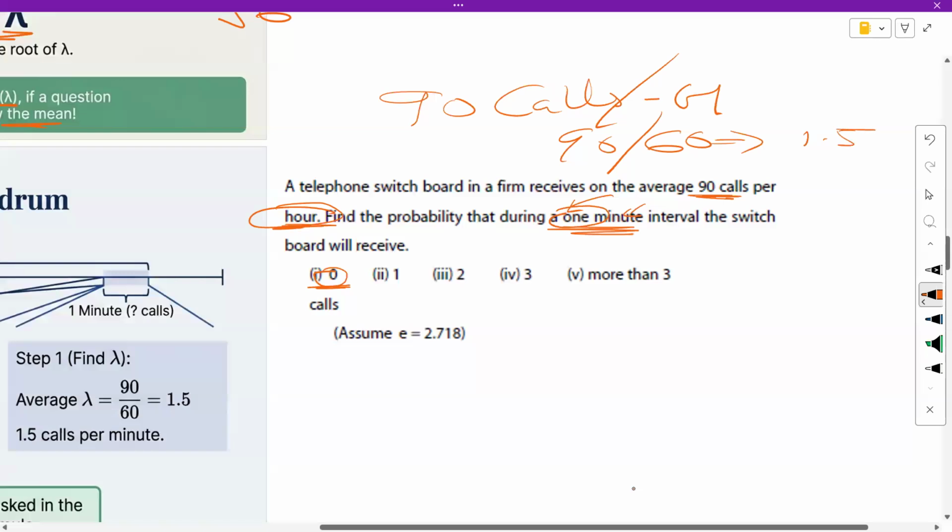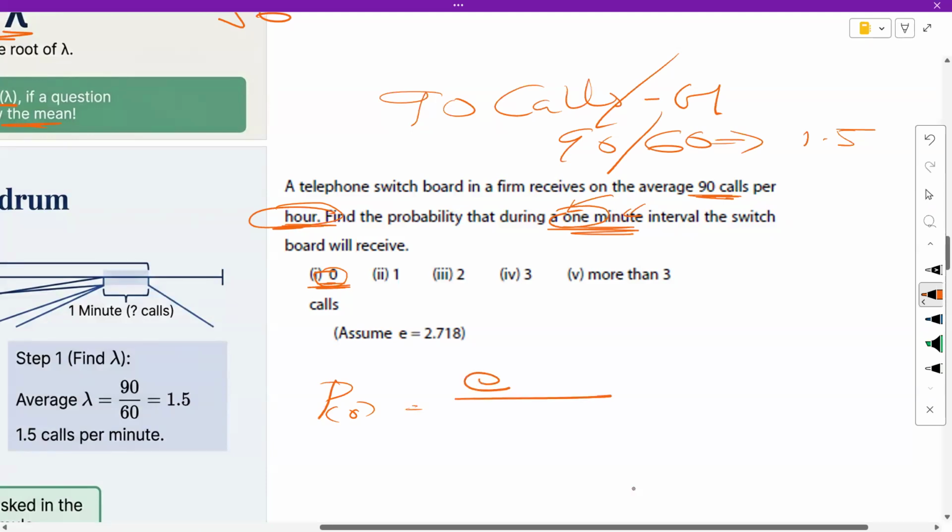Therefore, on average, the switchboard gets 1.5 calls per minute. It's an average. Now the question: the probability of getting no calls, 0.